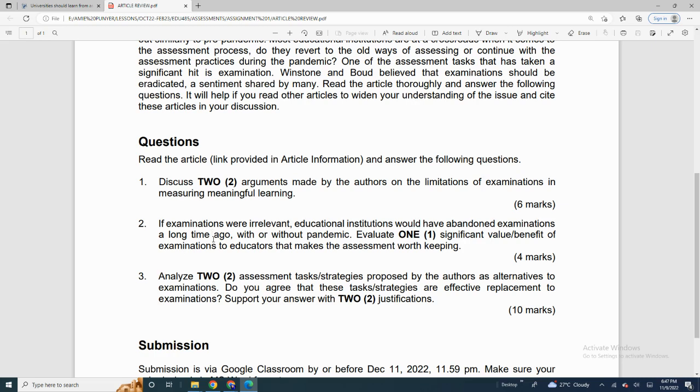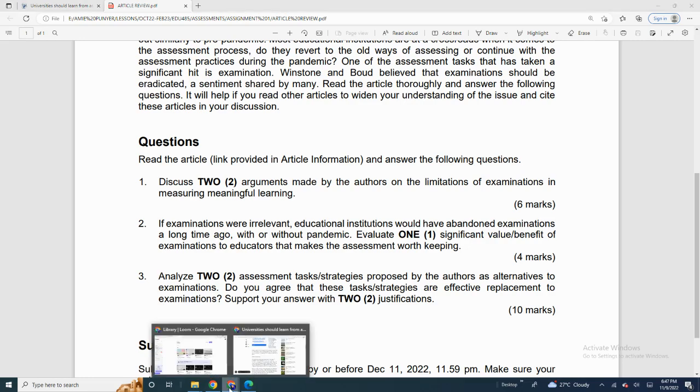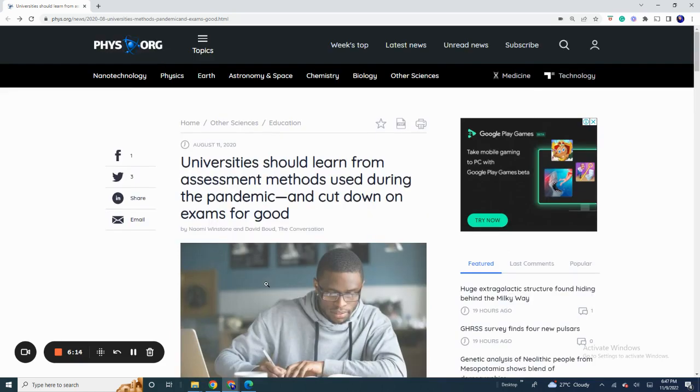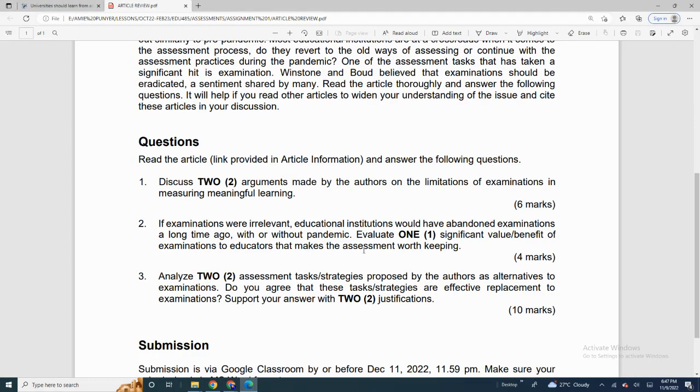It does not ask you to relate your answer to this article, meaning that from your own reading and your own understanding of the issue, evaluate what would be the value or benefit of examinations that make educational institutions still want to use them despite the limitations and disadvantages that examinations have.